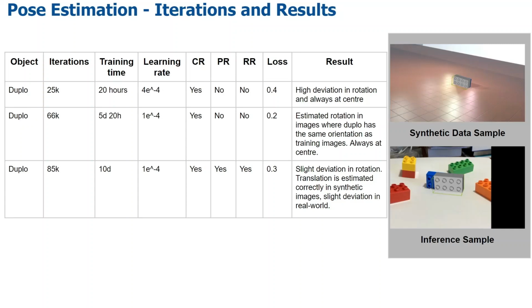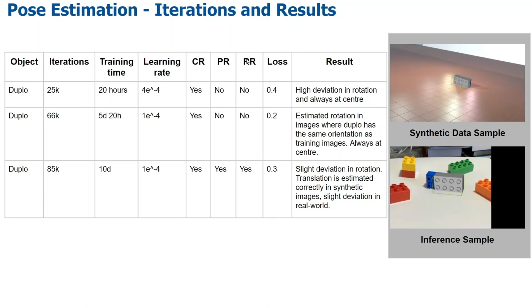To improve the accuracy, in our second iteration, we trained the model for much longer, roughly 6 days, and changed the training parameters to improve performance. Those training parameters include camera randomization, position randomization, and rotational randomization.